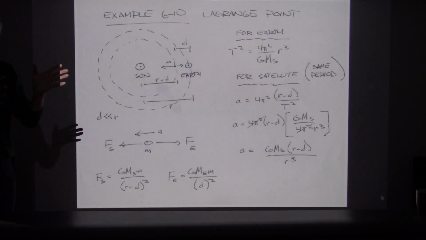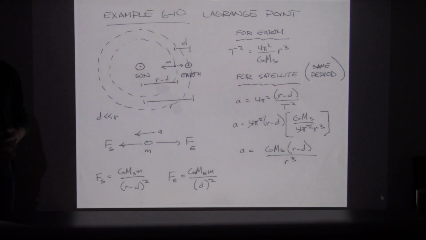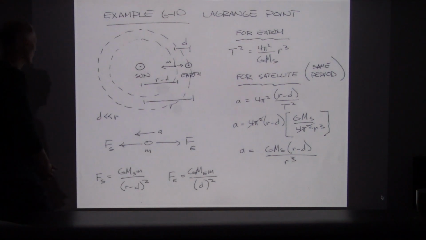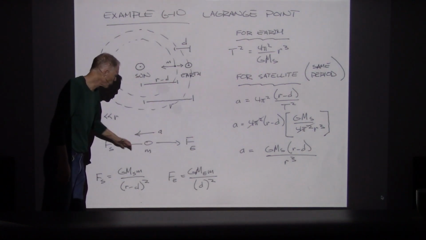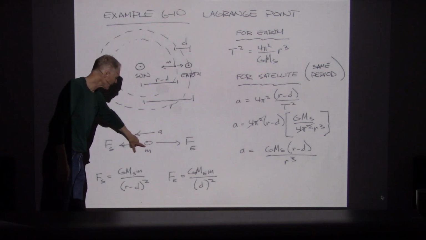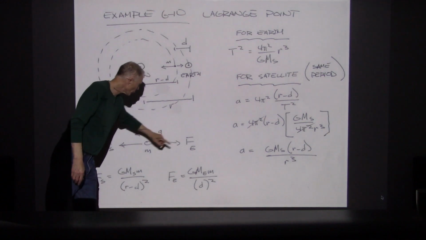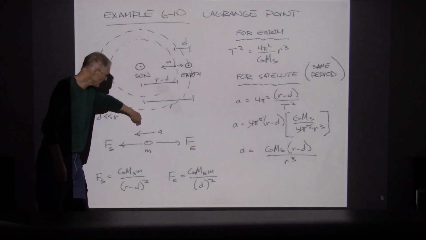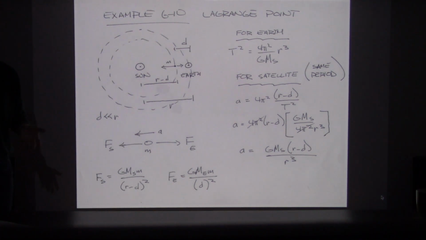We build a space station at a Lagrange point, and it's just a stable location with that orbit. So here is our acceleration and force diagram. Here is the satellite. It's being pulled towards the sun, it's being pulled towards the Earth. There's an acceleration taking place. We're assuming the force from the sun is going to be larger. It needs to be larger if we're orbiting the sun.